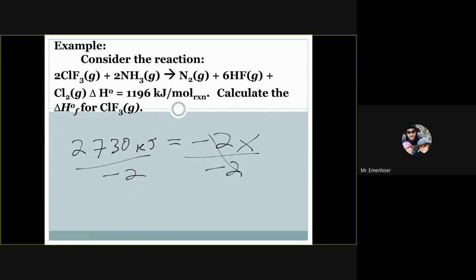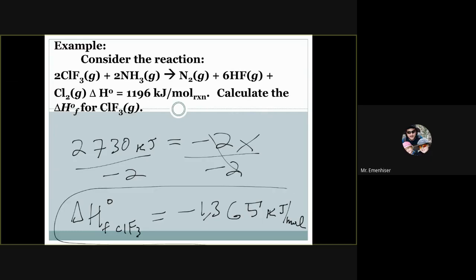And when I divide by minus 2, it makes that a negative. So 2730 divided by negative 2 will tell me the delta H of formation for my chlorine trifluoride. And it's a negative 1365 kilojoules per mole. So every mole of this stuff will need 1365 kilojoules in order to make that compound from the elements, from chlorine and fluorine.